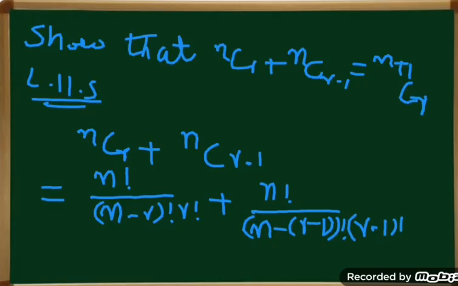Now this is equal to n factorial divided by n minus r factorial into r factorial.